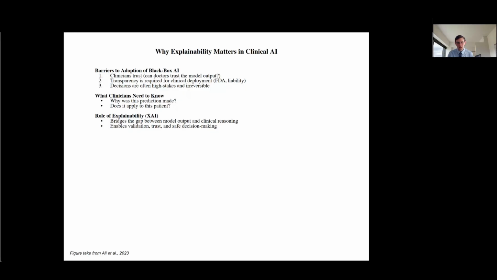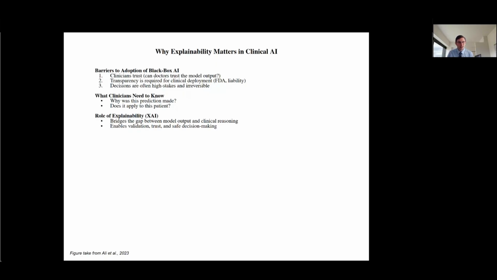The second is transparency. Not only can the doctors trust it, but there is a level of medical legal liability that goes along with certain outputs. Along with transparency are the FDA recommendations, and the FDA does recommend that all of these models need to be transparent for clinical deployment.